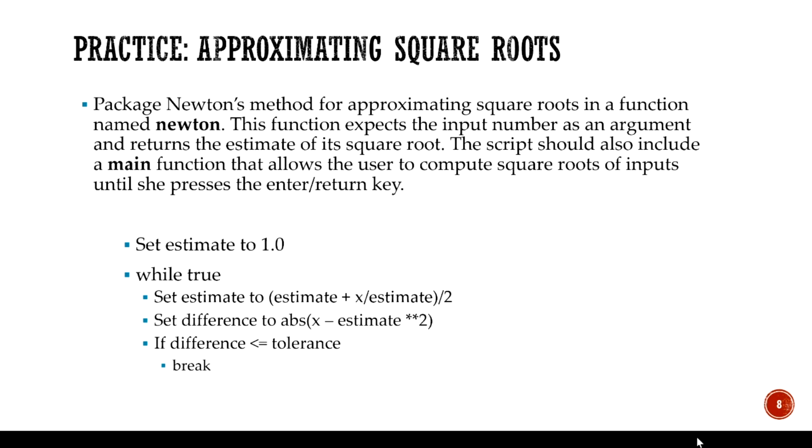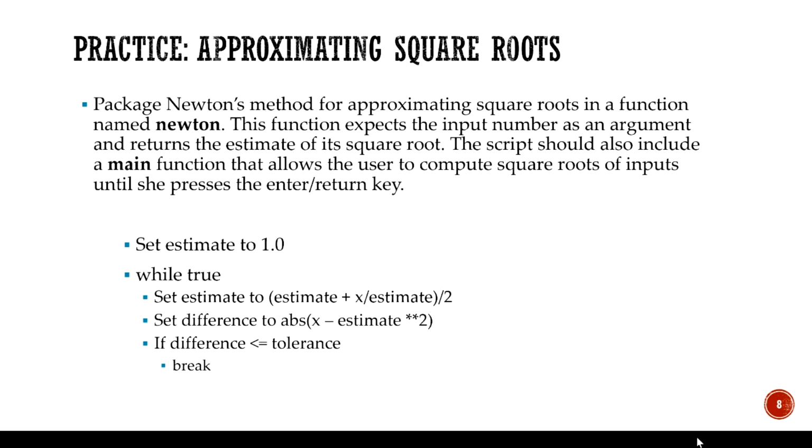Okay. We first define a variable and initialize it. The variable is estimate and the initial value is 1. And then we see a while loop, while True, and we expect to see a break statement. So we update the value for estimate. Set estimate to the new value, which is given here, estimate plus x divided by estimate and then divided by 2.